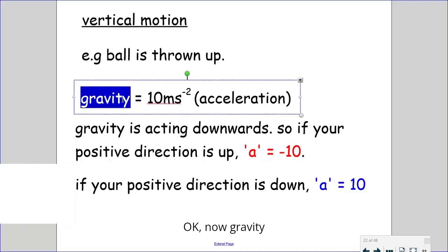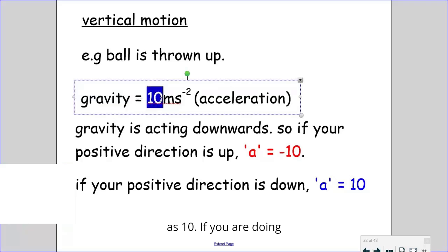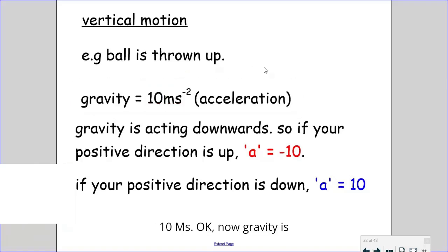Now, gravity, for the Cambridge syllabus, we will take as 10. If you are doing Pearson, you can take 9.8, depending on whatever exam board you're doing. Because this is specifically for Cambridge, we will take gravity as 10 ms. Now, gravity is your acceleration when we model for SUAT.